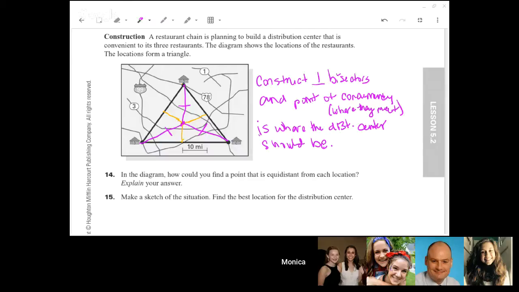These yellow lines that I drew on here are the perpendicular bisectors. And where they all meet, if we draw a line out from there to the location of the restaurants, that segment is congruent. So the distance from that point out to each restaurant is equal. Does that make sense, Megan?